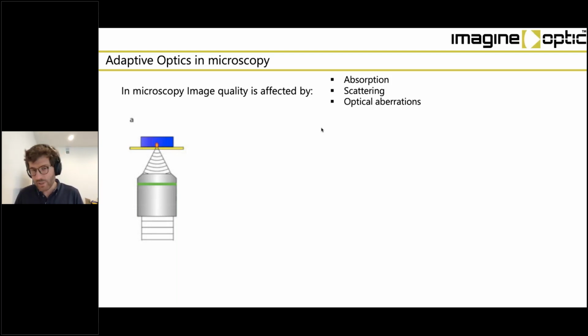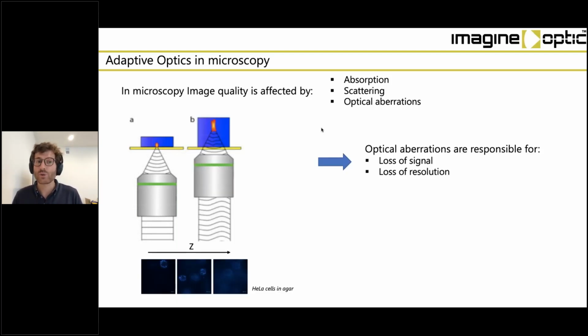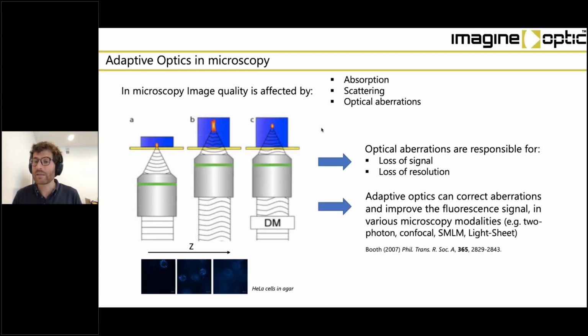The quality of the image is pretty good, and as you go deep, the quality of the image starts to degrade. That's because of absorption and scattering, which are things that we cannot correct. There are other ways to minimize it, but it's also and mainly due to optical aberrations. And this is something that adaptive optics will aim to correct, basically to restore a perfect PSF, even if you go deeper in the sample.